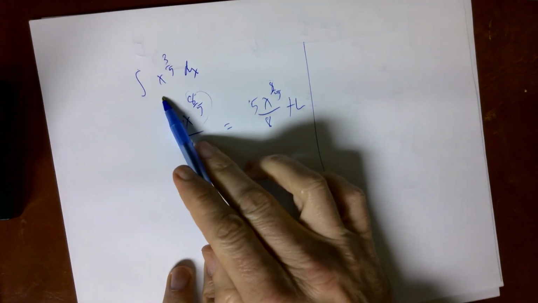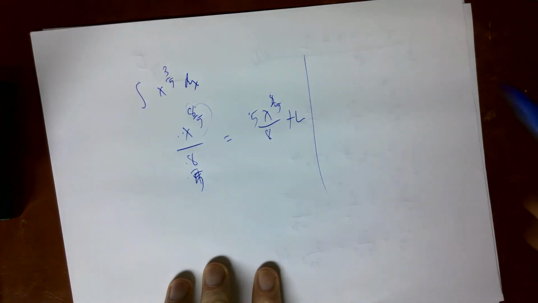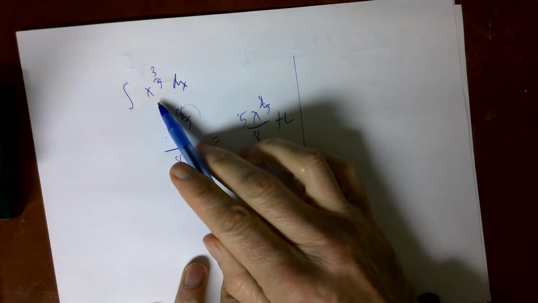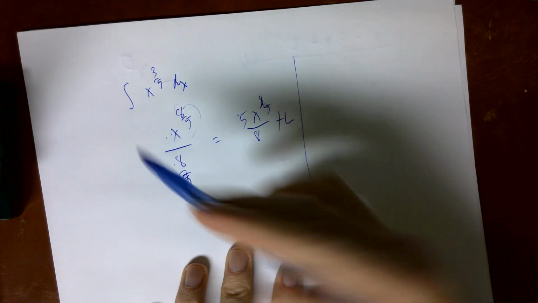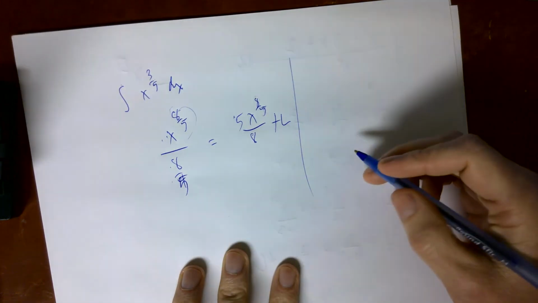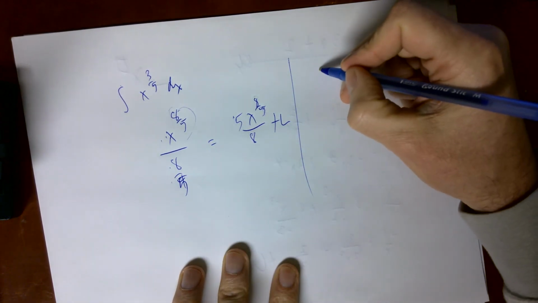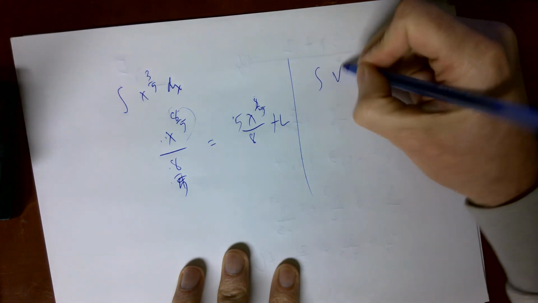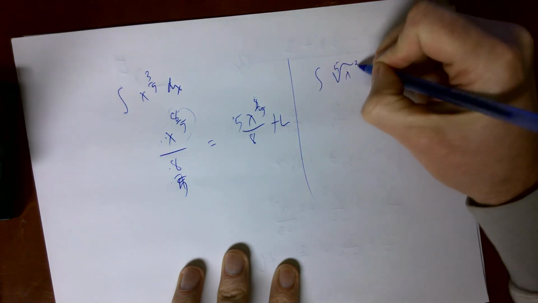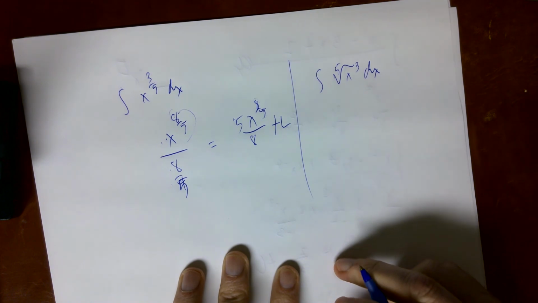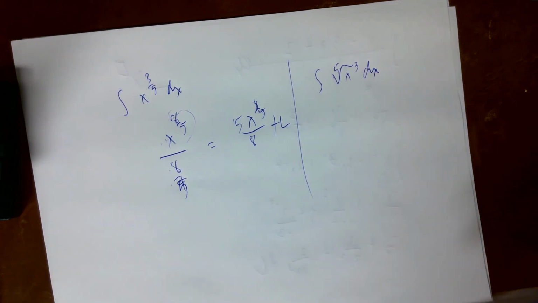And the reason I did this problem is that's actually not the problem. That's not the question they're going to ask on Delta Math. The question they're going to ask on Delta Math is, what's the antiderivative of the fifth root of x cubed? All right, that's what they're going to ask.